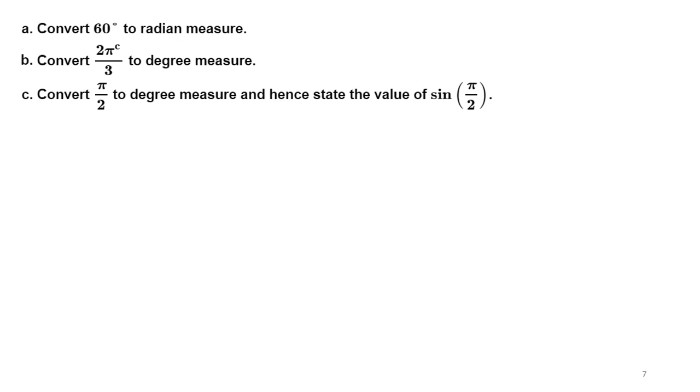So part A, 60 degrees to radians. When I want to convert, the way I will remember it is I don't want degrees in my answer. I want radians in my answer. So I know I need to divide by something in degrees, so then the degrees will cancel out, right?